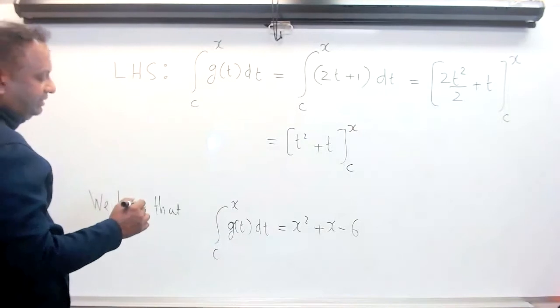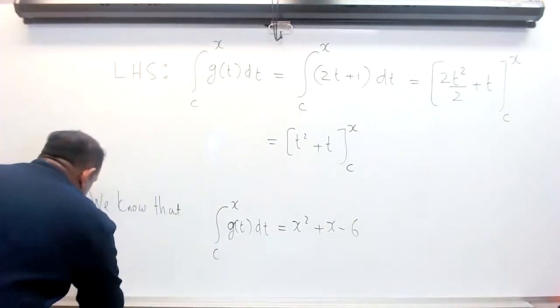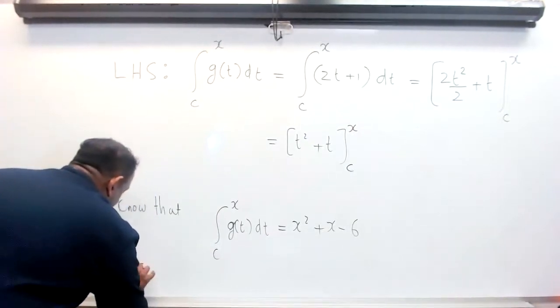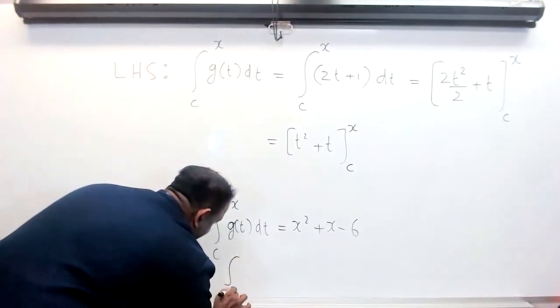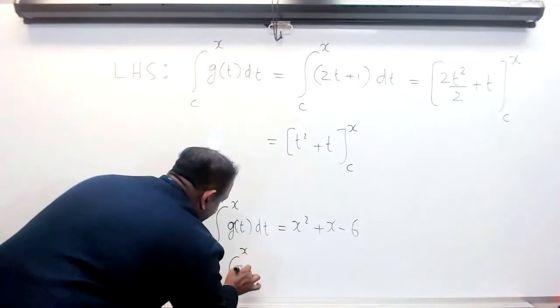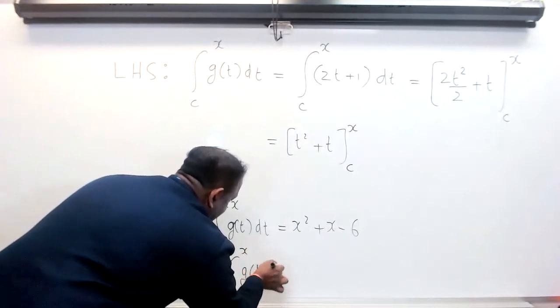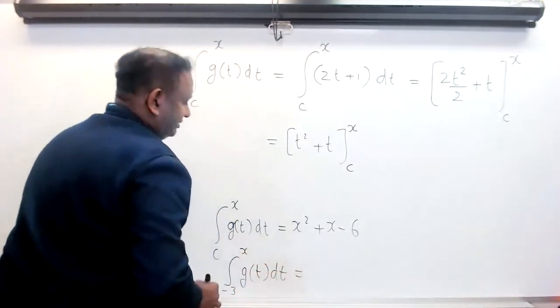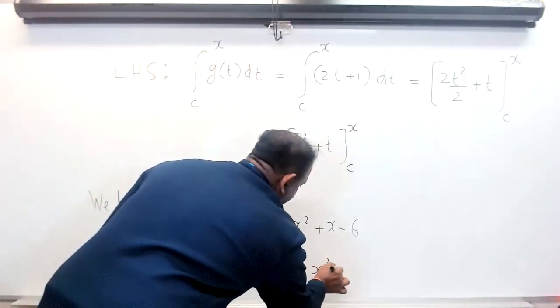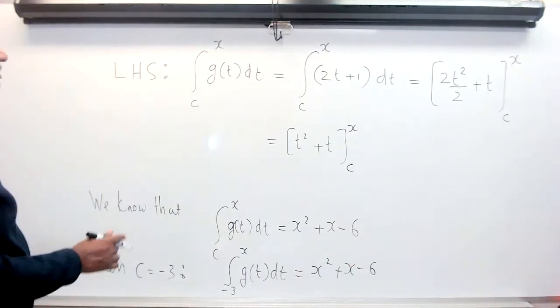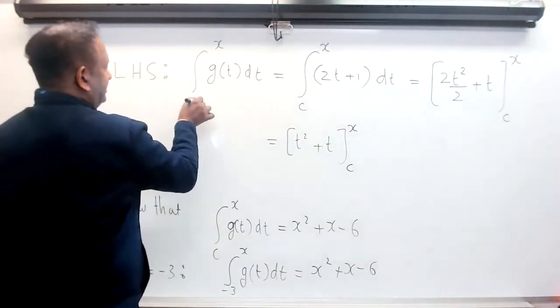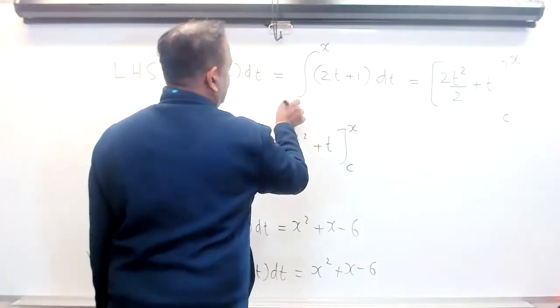We can do another one. When c equals negative 3, I'm going to write one step here: the integral from negative 3 to x of g(t) dt equals x squared plus x minus 6. So here we have negative 3.